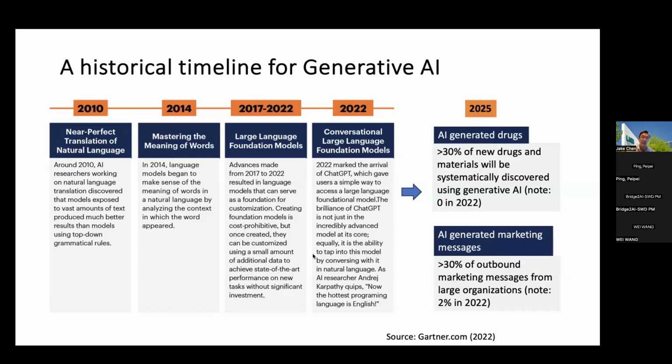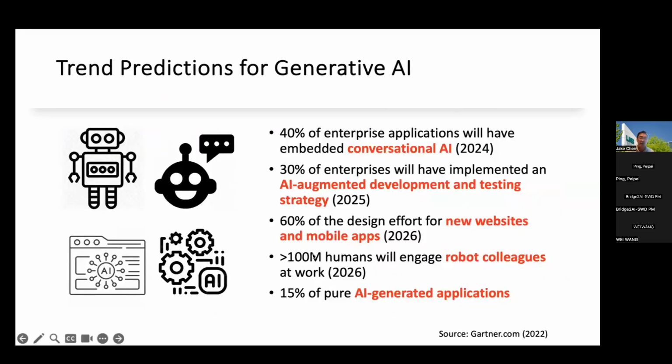And then the future trend across the industry is that 40% of enterprise applications will have some kind of embedded conversational AI. So it's not surprising that today you hear about it in hospital information systems.